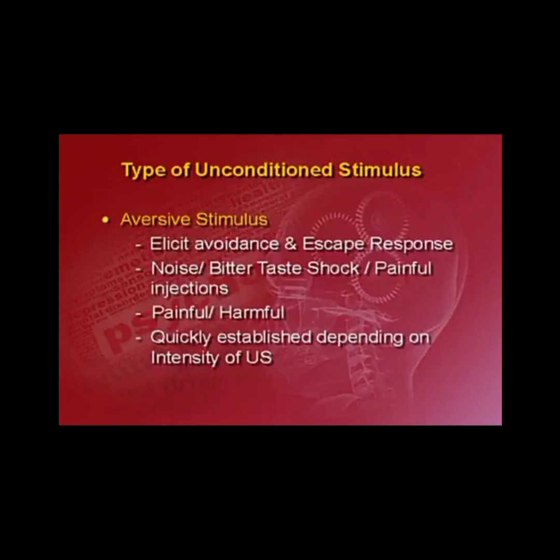For example, if the painful shock is more, which is beyond the control of the person, then it is going to create the conditioning faster. Okay, so with this I finish this topic of determinants of classical conditioning in this video.